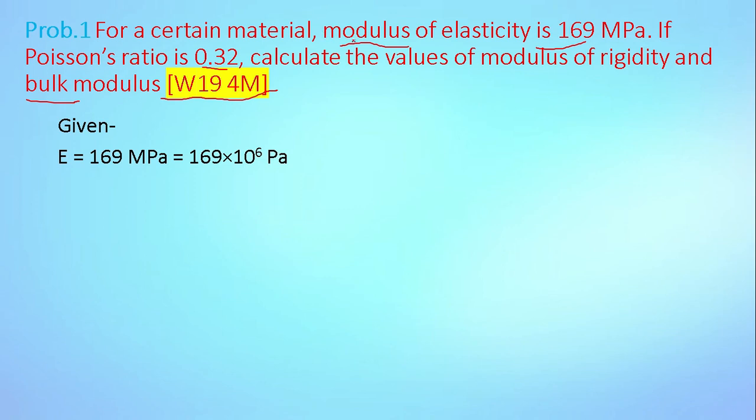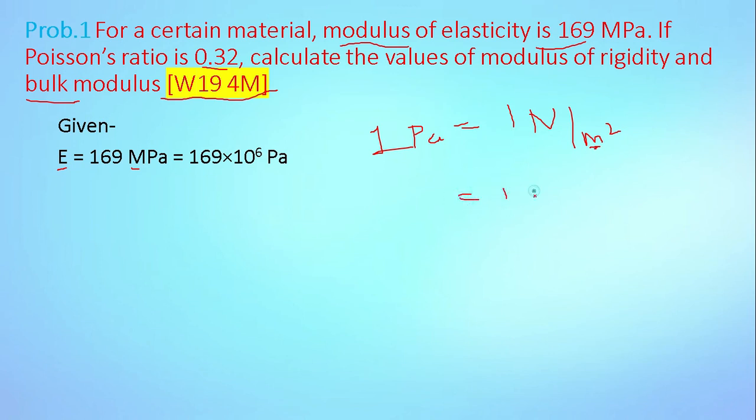They have given modulus of elasticity is 169 megapascal. So capital E is equal to 169 megapascal. Mega means 10 raised to 6, so 169 into 10 raised to 6 Pascal. 1 Pascal is equal to 1 Newton per meter square. Generally, we measure modulus of elasticity in Newton per mm square, so we will convert this into mm.